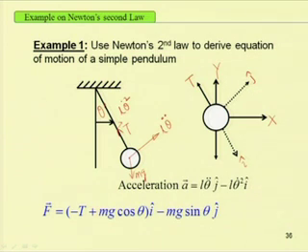So, for this rotating bob, we have two acceleration components.